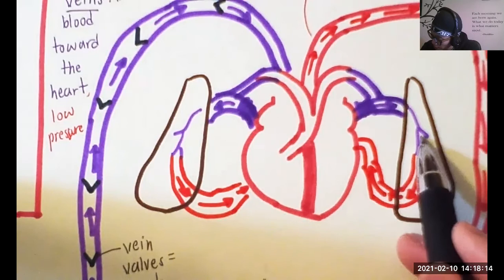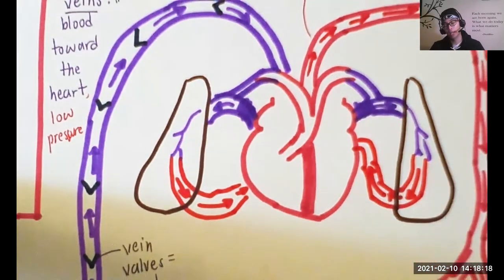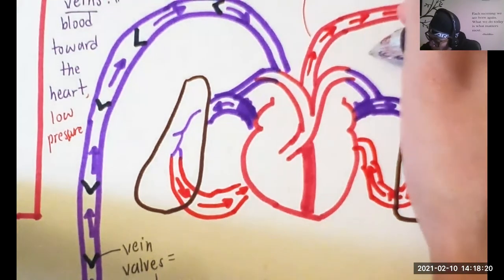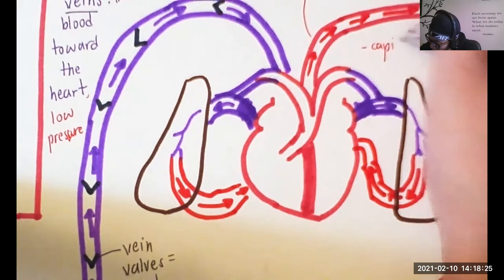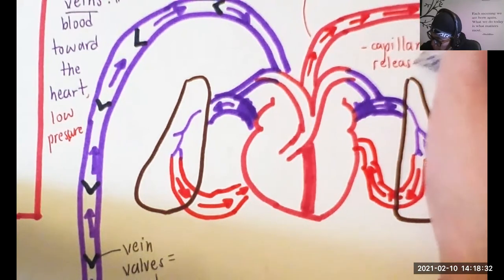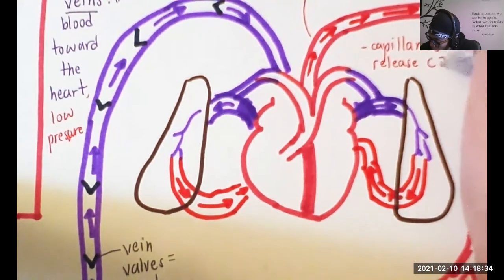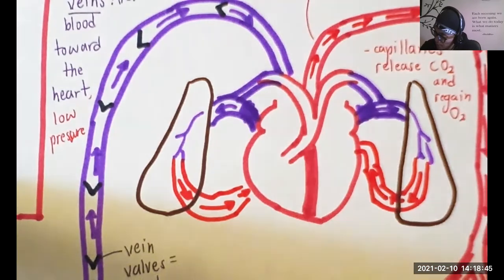So how it does that is that these arteries will split off again into arterioles, and then the capillaries release CO2 and regain oxygen gas.